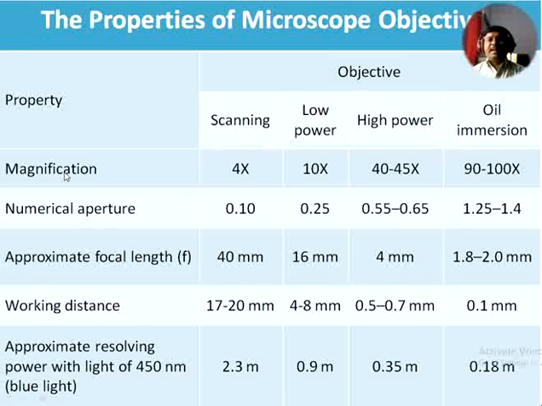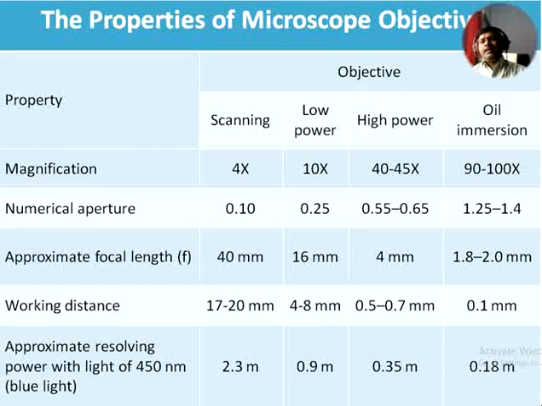The magnification of the scanning objective is 4x. Then the low power objective magnification is 10x. Then the high power objective magnification is 40 to 45x. In some cases the high power objective is a 40x lens, and in some cases a 45x lens is attached or mounted on the microscope.